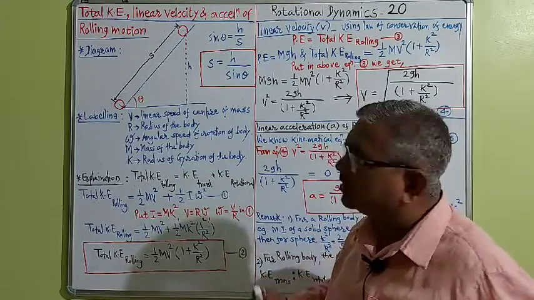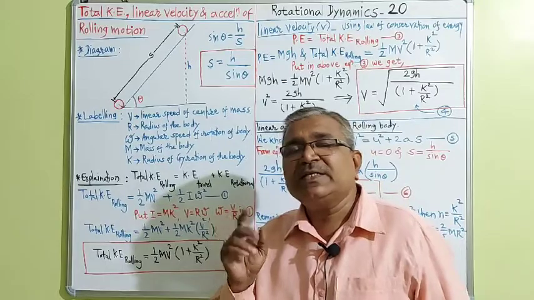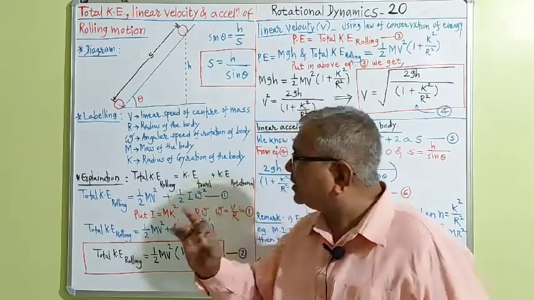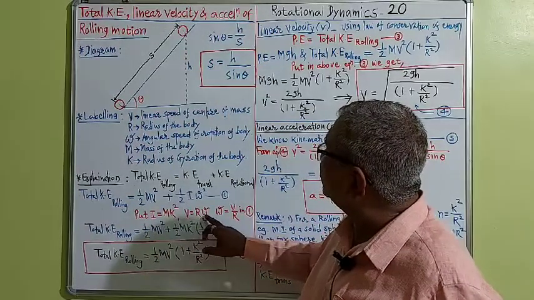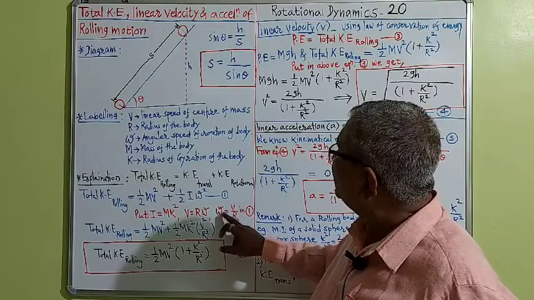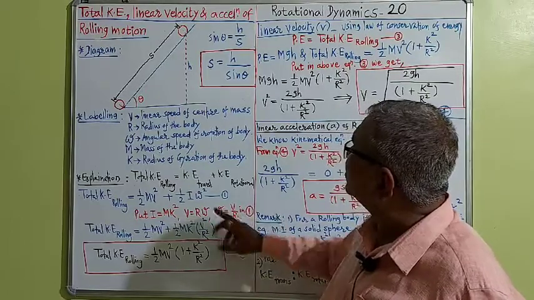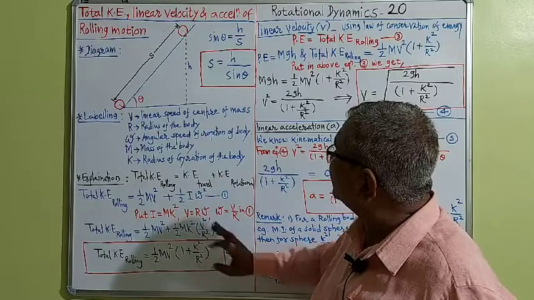This is equation 1. So put the value of capital I in terms of the radius of gyration. Capital I is equal to mk square. We know v is equal to R omega. From that, what is the value of omega? Omega is equal to v upon R. In equation 1, put omega is equal to v upon R. Here, squared, we get v square upon R square.